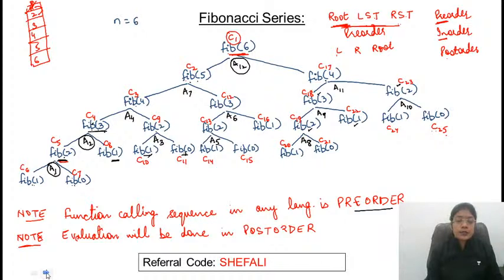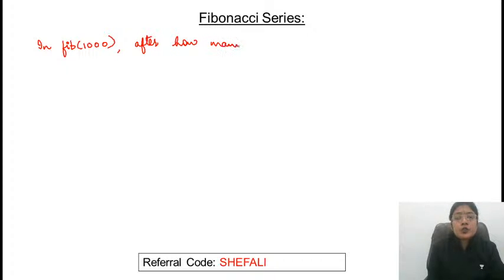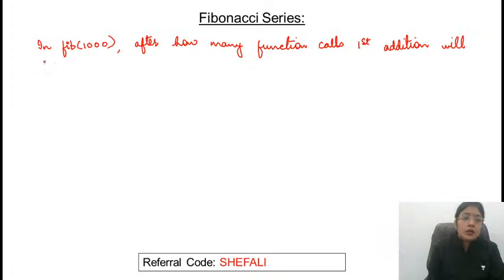My first question is, if I want to find Fibonacci of 1000, after how many function calls will the first addition take place?